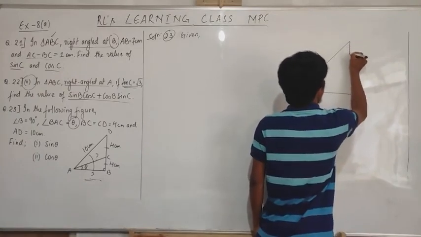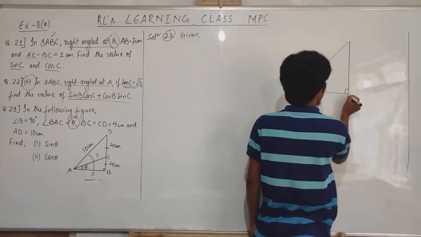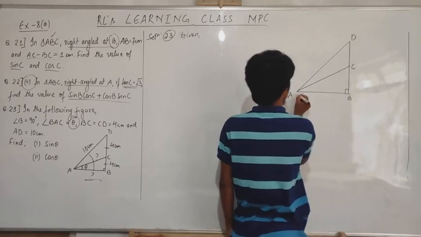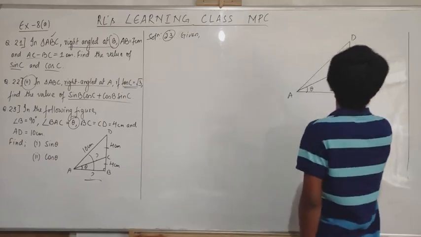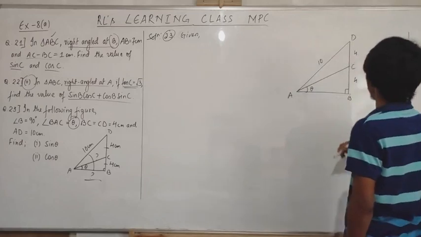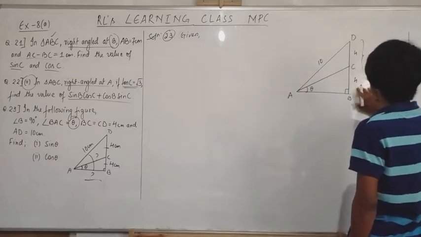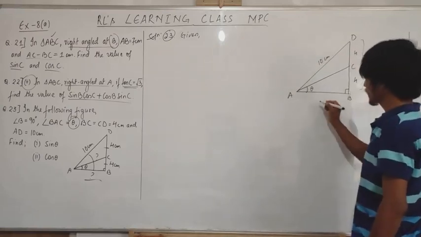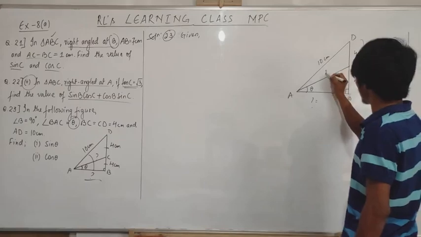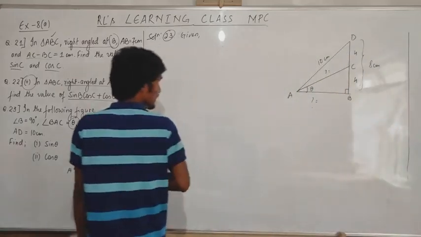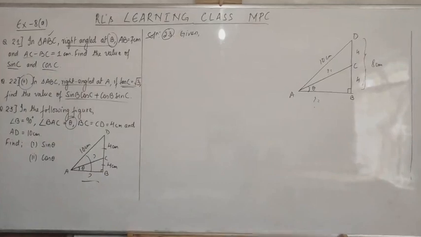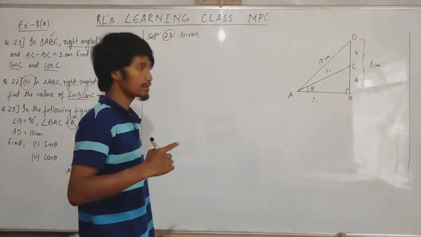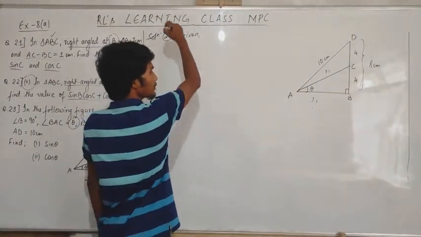This question is very simple. Now theta. This one is 4, this one is 4, and this one is 10. In total here we have 8 centimeters, 10 centimeters. Now we need to find this one, and we need to find this one. Okay, what's given?